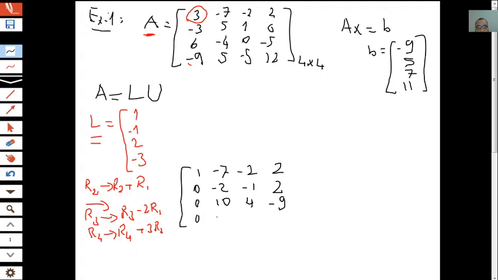And for the last one, 3R1, minus 21, 21 plus 5 becomes minus 16, minus 6, minus 5 becomes minus 11, plus 6 plus 12 becomes 18.